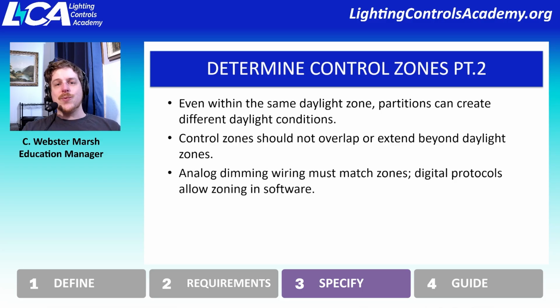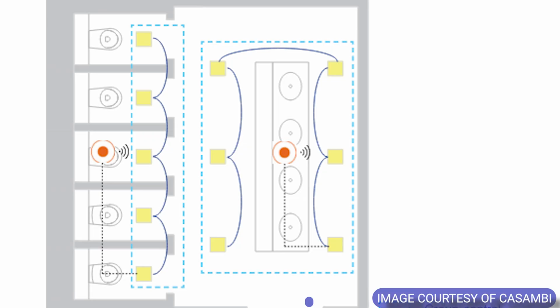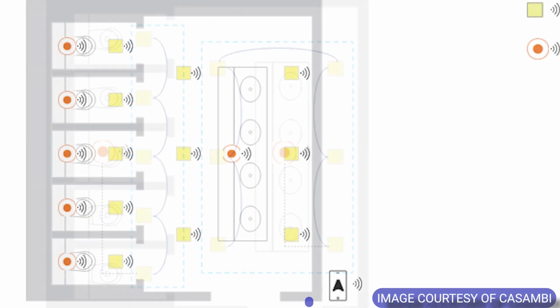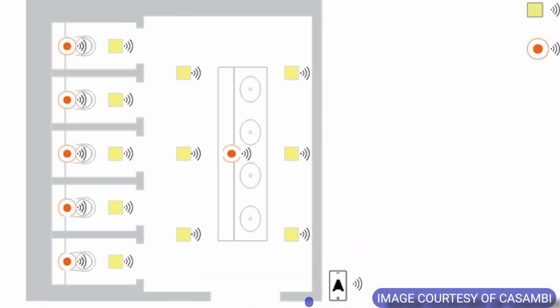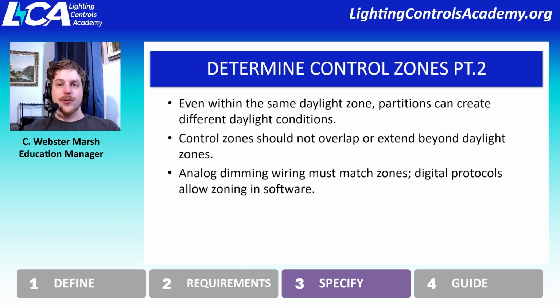The other thing that's worth considering is the difference between analog and digital. So, analog wiring, you are fixed to the circuit, and you need to pre-plan how you're going to be zoning the fixtures because it's going to be dependent on how they're wired together. Whereas if all the fixtures are digital in their controls protocols, that does allow you a little bit more flexibility, and you don't have to necessarily predetermine how your daylight zones are going to be breaking up in your control zones.